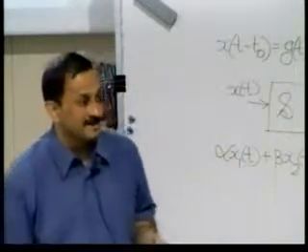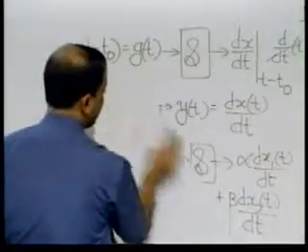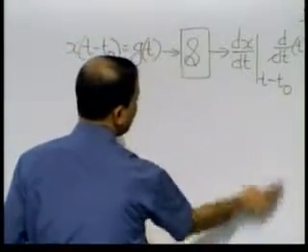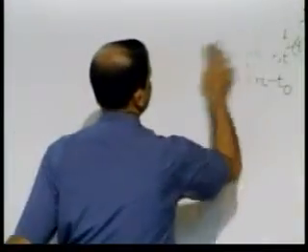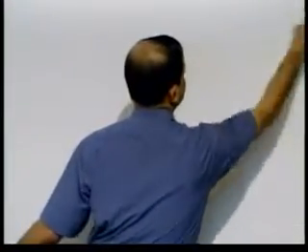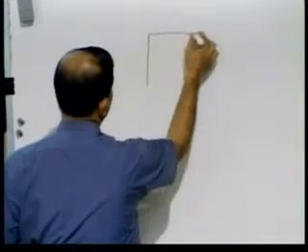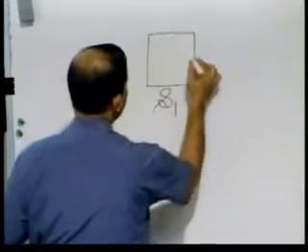We'll take it up later, after a while. It would lead us to a whole new class of objects in mathematics, or in signals and systems. So we'll take that issue up later. But for the moment, we'll be satisfied with the observation that the differentiator is a linear shift invariant system. And therefore, we shall now look at a situation where we cascade the following systems. We cascade a system S1 and the differentiator.